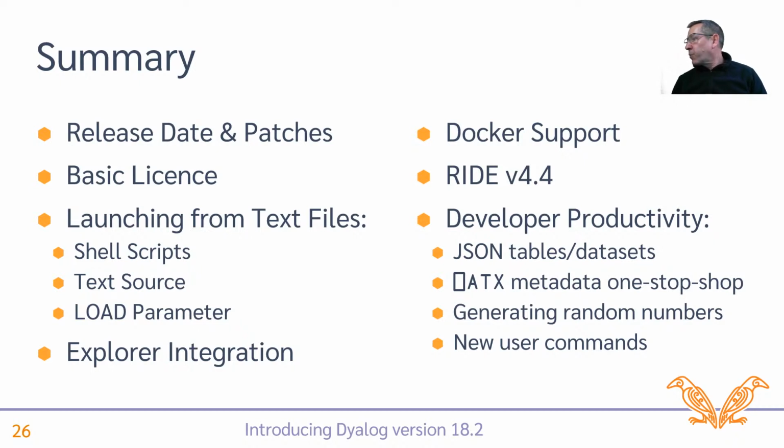There's a question about performance. The performance of 18.2 is pretty much identical to 17.1, the previous release before 18.0. So 18.0 was significantly faster, but we found, and unfortunately our customers found early on, that there were problematic edge cases in some of the tuned algorithms.